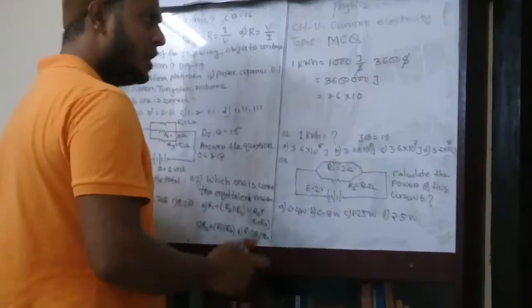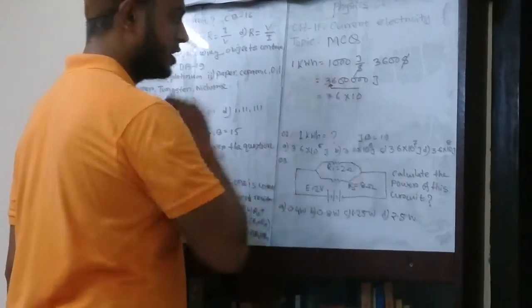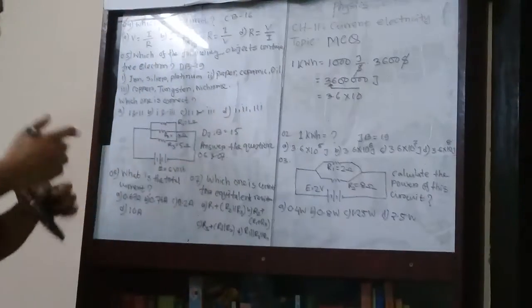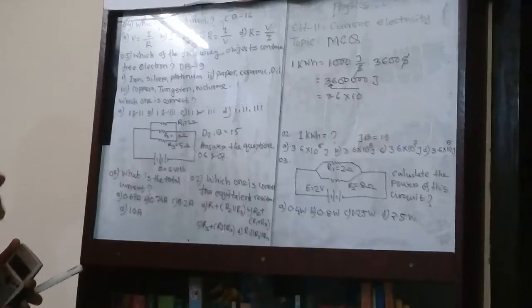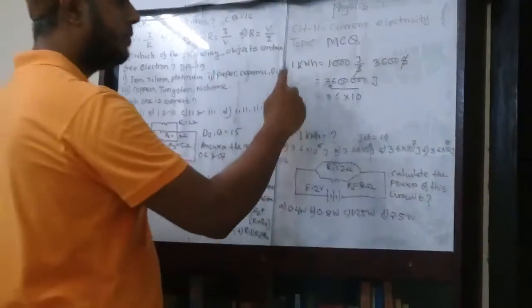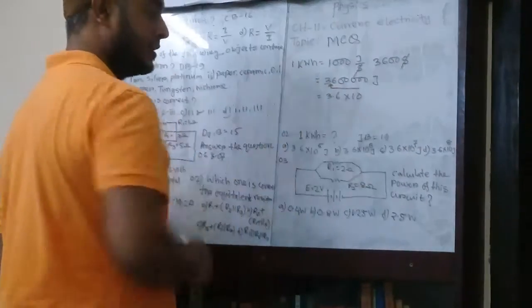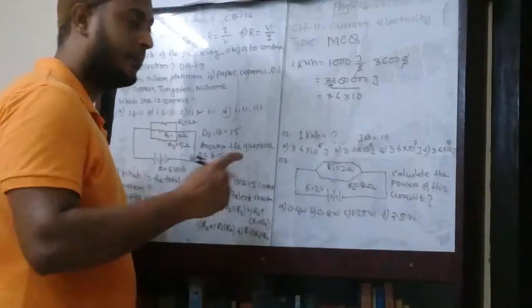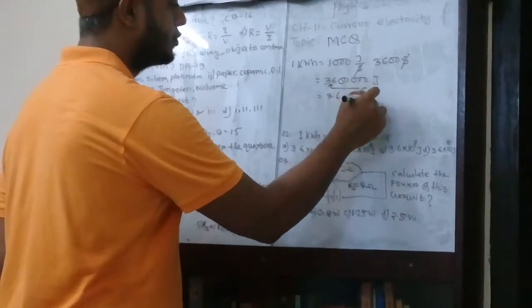You have to put a decimal sign after just 3. When you put the decimal sign after 3, the rest of the numbers are 1, 2, 3, 4, 5, 6. There are 6 numbers here. That's why 10 to the power 6 joule.